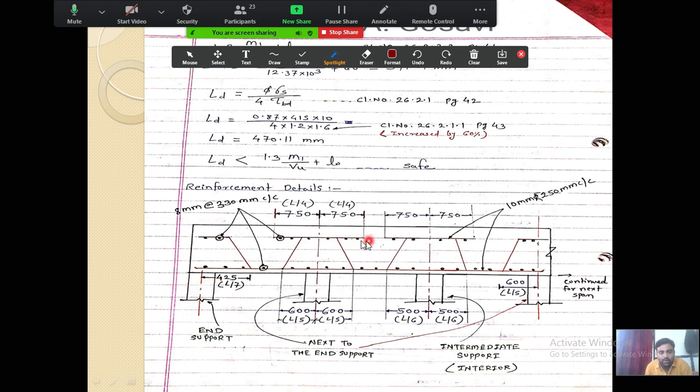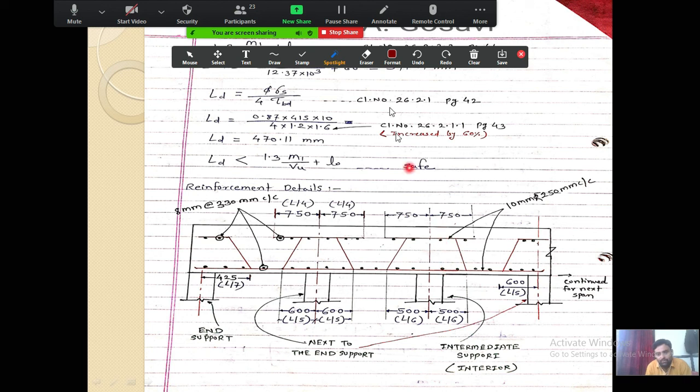So now if you see, for that intermediate support, a bar starts from this point. It is continued up to this point. Then it is bent, and it goes to this side, up to the center of this support, a little further. The next main steel bar will start at this point. Its bending profile is a straight line, then it will bend, and then it will move up to this point here only.